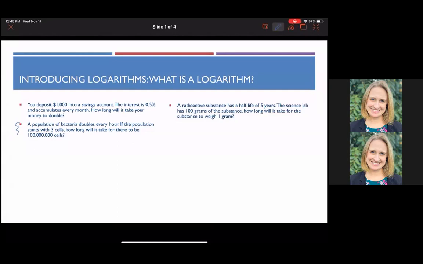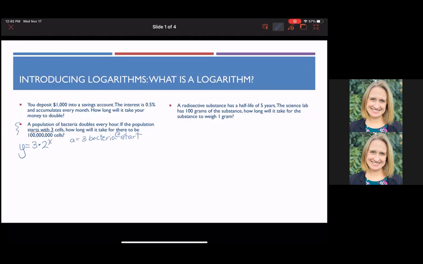What we saw when we were looking at exponential functions and scenarios was we were able to create this exponential model, this equation that describes how the bacteria are growing. The initial amount, our A, is the 3 bacteria cells that it starts with.